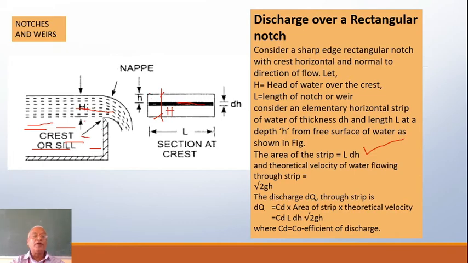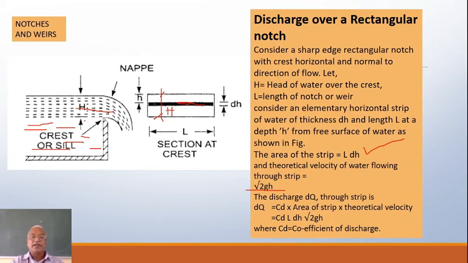Now if you have got a depth of h, when the water comes out, it will have a velocity equal to root 2gh, right? So the theoretical velocity of the flow through the strip is root 2gh. Now the discharge dQ, which is coming through this dark strip, will be equal to the coefficient of discharge, multiplied by the area of the strip, multiplied by the theoretical velocity.